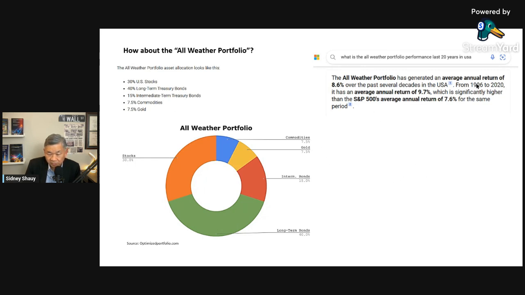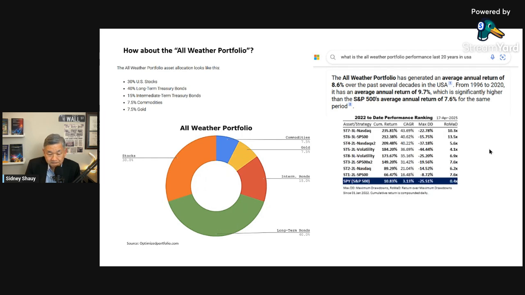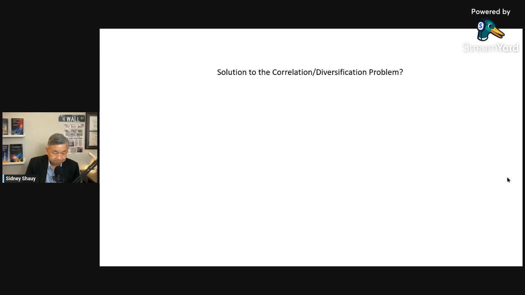The all-weather portfolio generated an average annual return of 8.6% over the past several decades in the U.S. From 1996 to 2020, it has an average annual return of 9.7, which is significantly higher than the S&P 500 average annual return of 7.6 for the same period. It's not bad, okay? But when compared to ours, we can do a lot better than that, and I'm going to show you why this is the case.